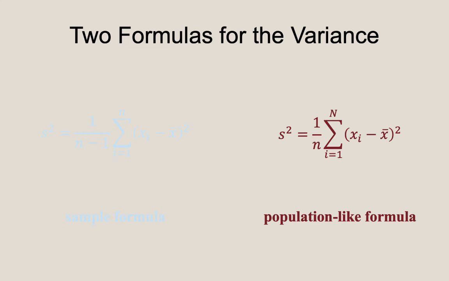Again, the formula for the population variance is the sum of the squared deviations from the mean divided by the number of data points in the population. Note, we use the symbols mu for the population mean and capital N for the size of the population.